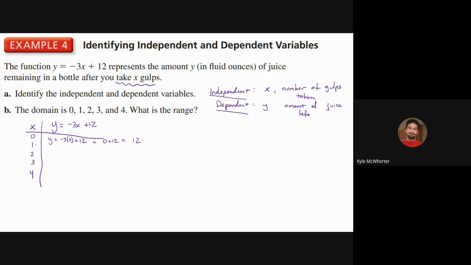When I use the input 1, y equals negative 3 times 1 plus 12. That's negative 3 plus 12, which is 9. And we just keep going. When x is 2, I'm going to have to readjust my column here.